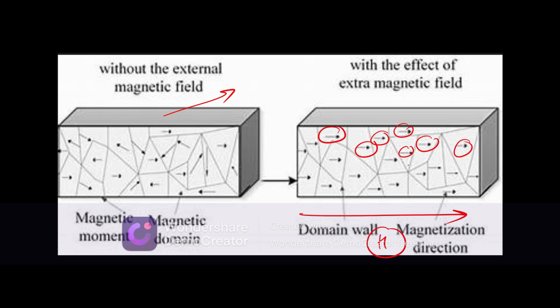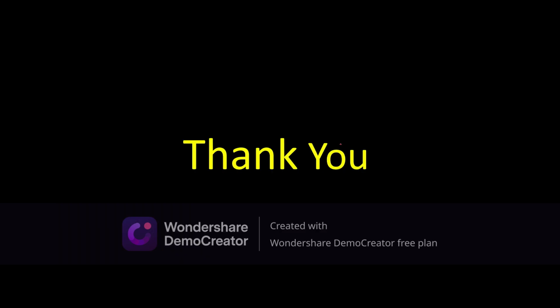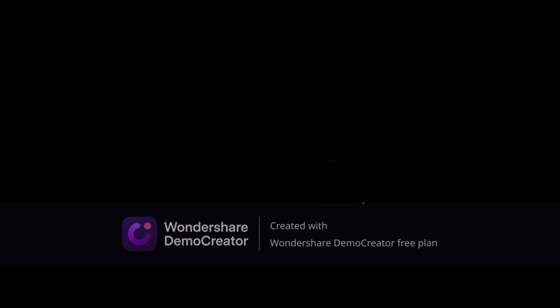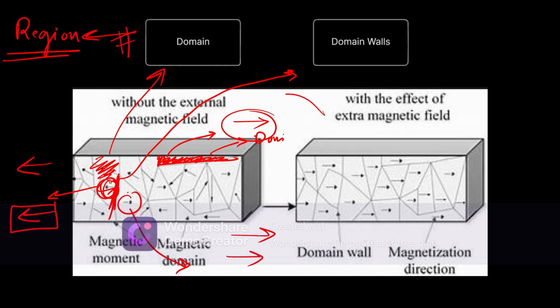Now, the amount of reverse magnetic field which I require to bring this material back to zero magnetization, or you can say back to a normal material, that amount of reverse external magnetic field is nothing but coercivity.